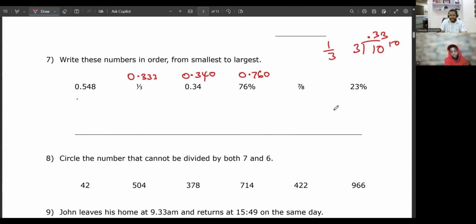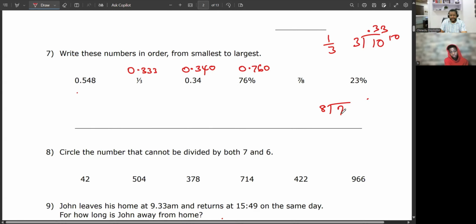Let's do 7 divided by 8. 8 into 7 is not possible, 0. 8 into 70 is 8, with a remainder of 6. 8 into 60 is 7, remainder 4, which becomes 40, and 40 divided by 8 is 5. Good.